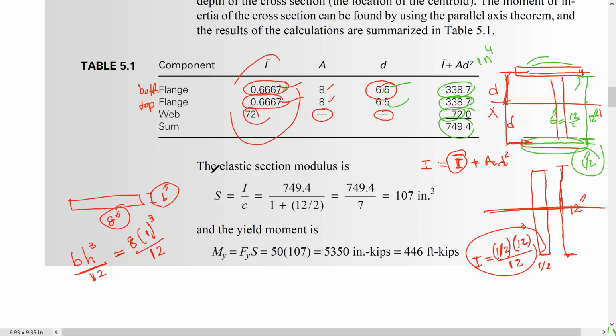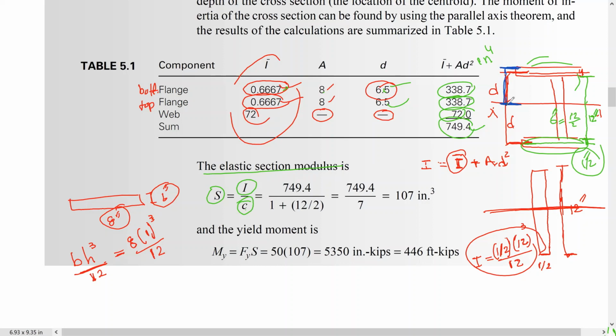So the elastic section modulus S is I dividing by C. I we just calculated here, so it's easy. And C, let me show you how we calculate C. As I told you, C is the maximum distance between the neutral axis and the extreme fiber.